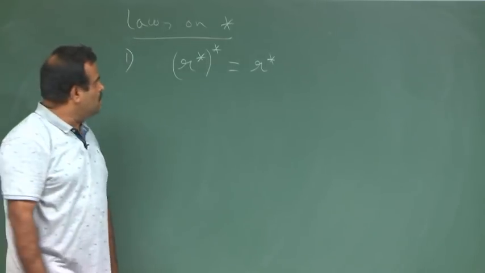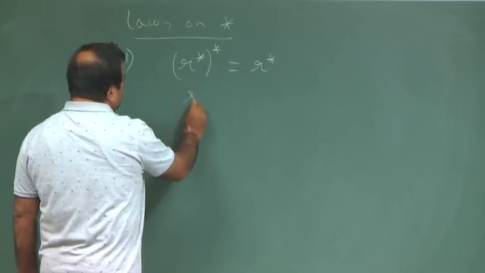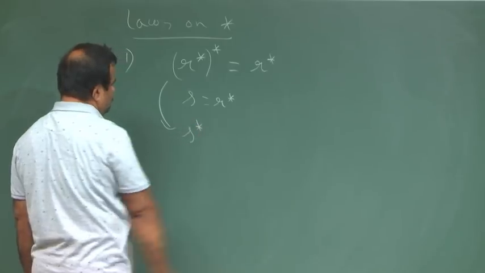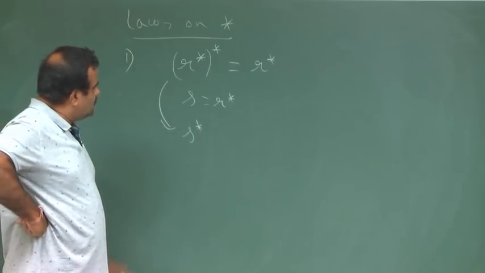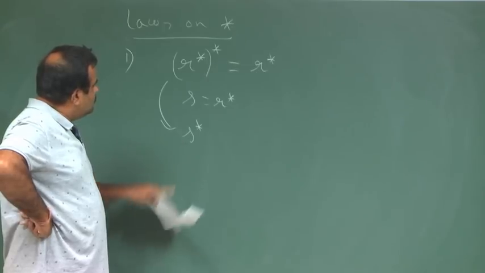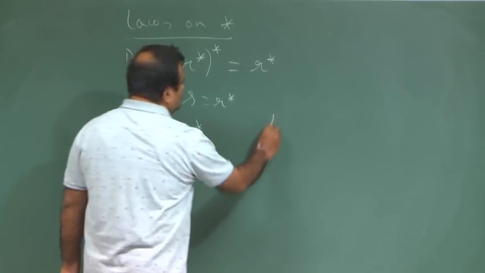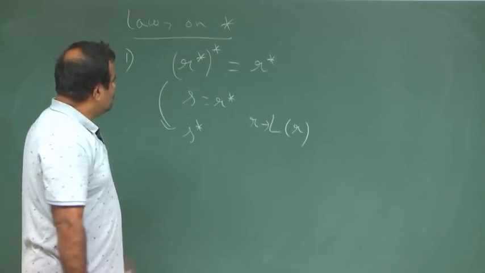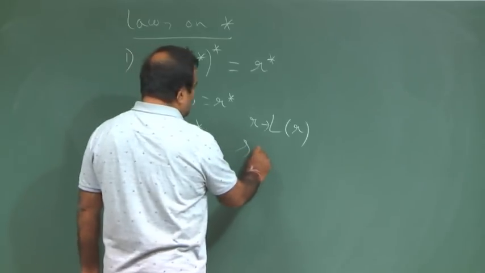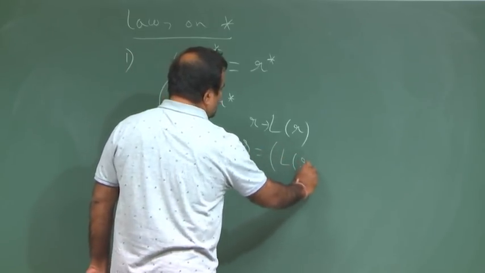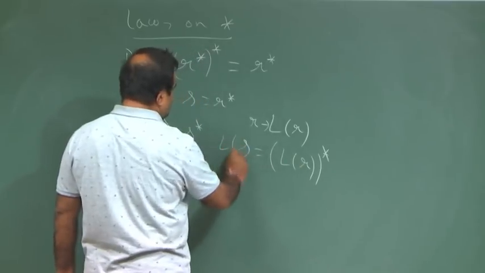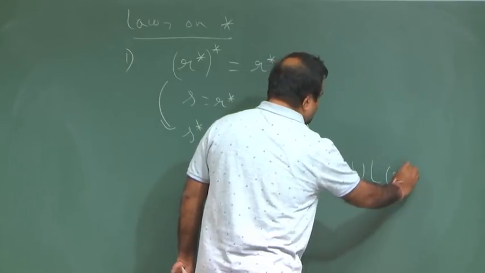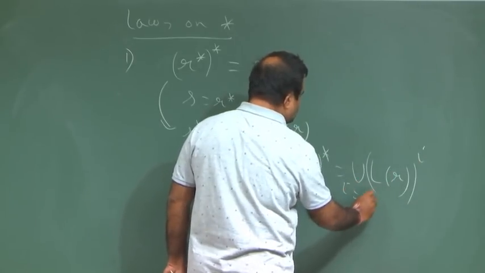Now, what is (R star) star? If we denote S equal to R star, then this is nothing but S star. R corresponds to a language, and S corresponds to the language which is the union of L of R to the power i, for i equal to 0 to infinity.